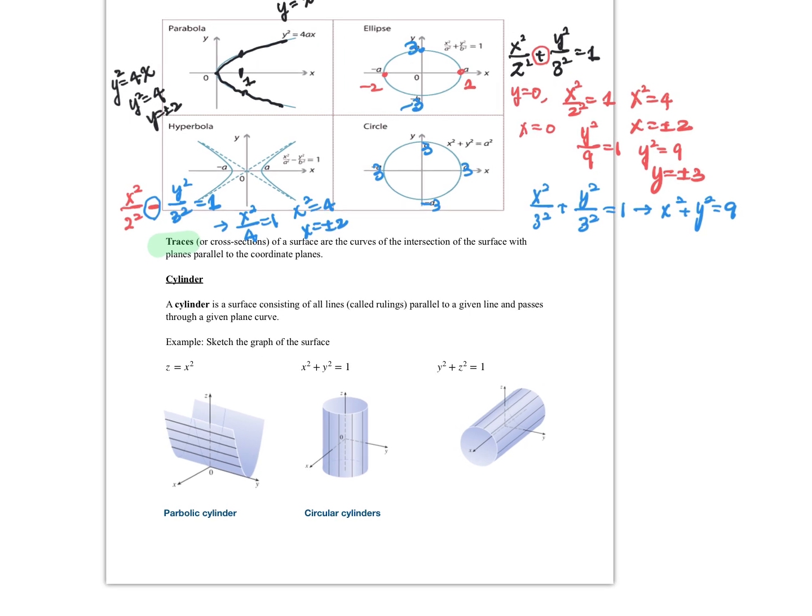So let us start with the cylinder. We did cylinders at the beginning of the semester. This form is a cylinder, guys. A cylinder is when one variable is missing. Let us start with z equals x squared. In 3D the variables are x, y, z. The y is missing here.